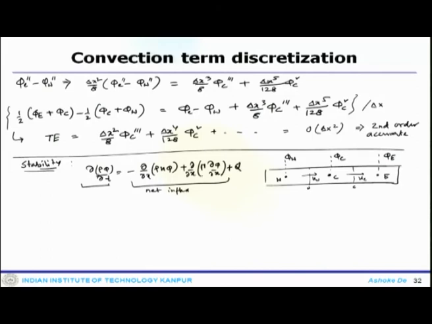Now, in an unstable scheme a small deviation from the correct value of phi c gives a corresponding increase or decrease in the net influx at the right hand side. So, when an iterative procedure is used as a part of the solution mechanism, an increase or decrease in the net influx will further increase or decrease the value.